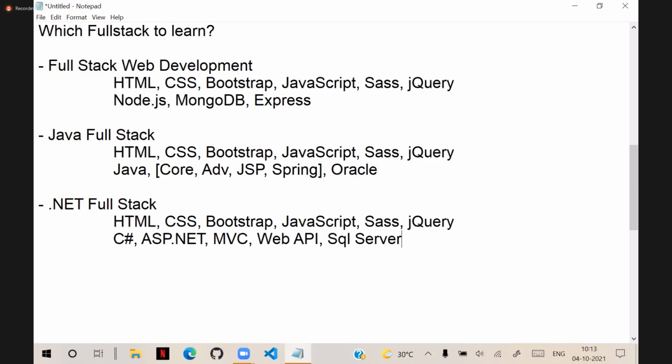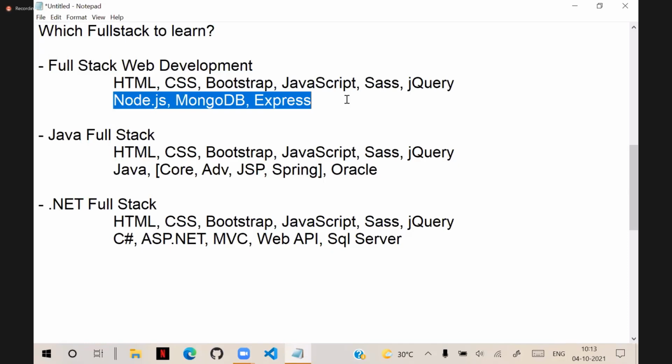But in full stack web development, whatever you are learning in Node.js, MongoDB, Express, is just a matter of 1.5 months. That means in just 4 months, you will have knowledge of end-to-end development. But they have certain limitations.